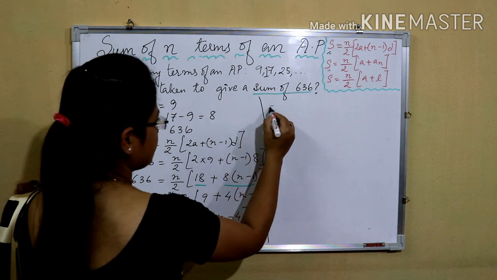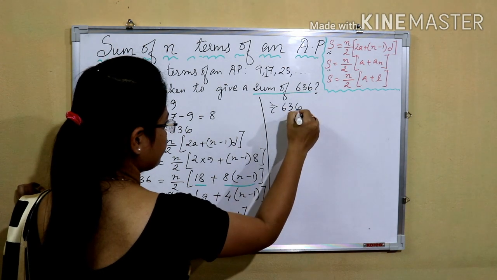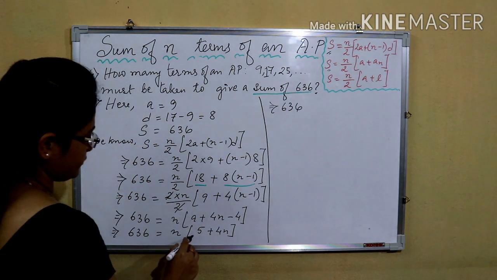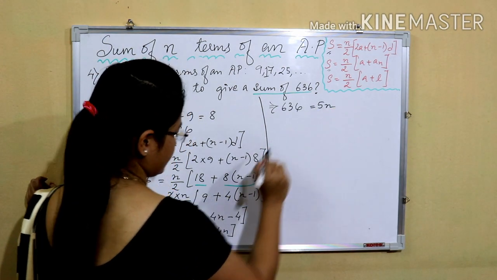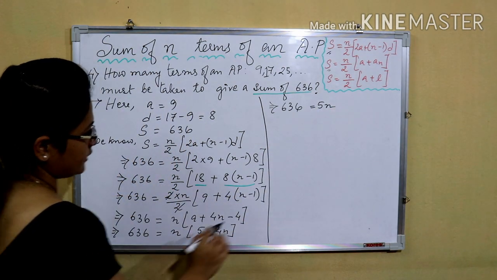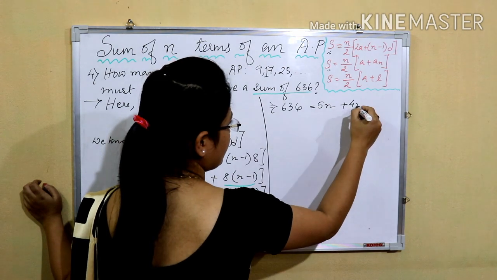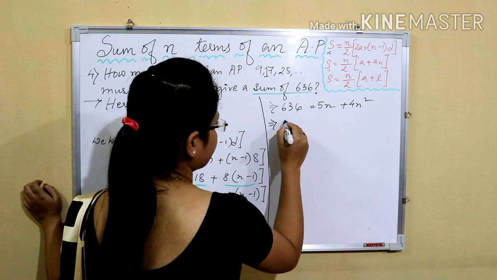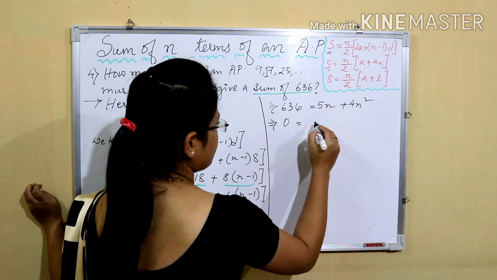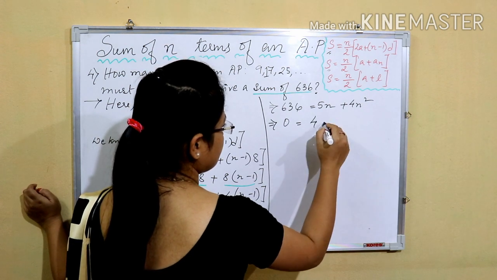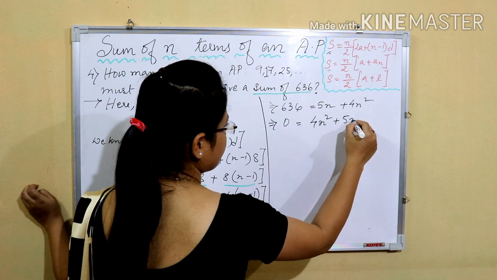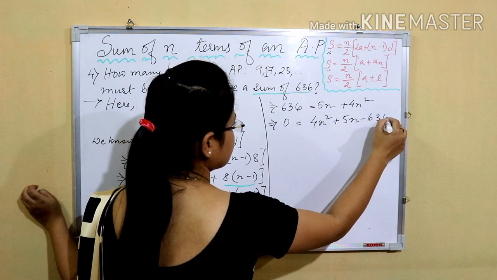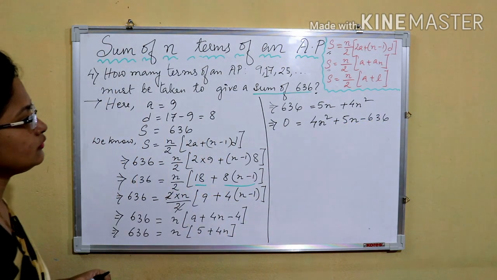So we multiplied now. 636 is equal to 5 into n, 5n, 4n into n, 4n square. 636 will go to the other side. We'll arrange the terms here: 4n square plus 5n minus 636.